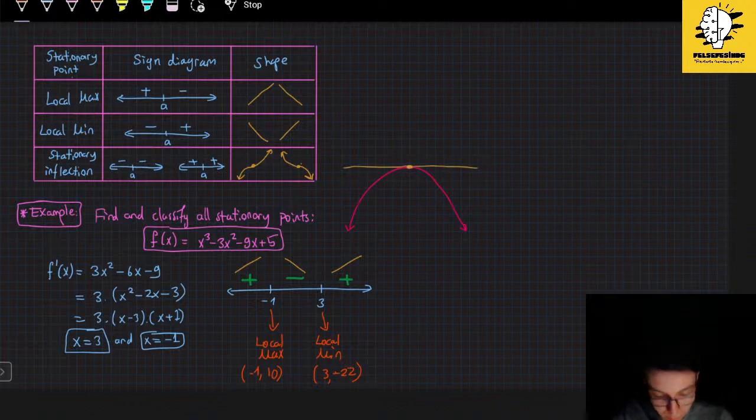It's a slope of 0. So we set the derivative of the function equal to 0, and we find the points at x equal to 3 and x equal to -1.